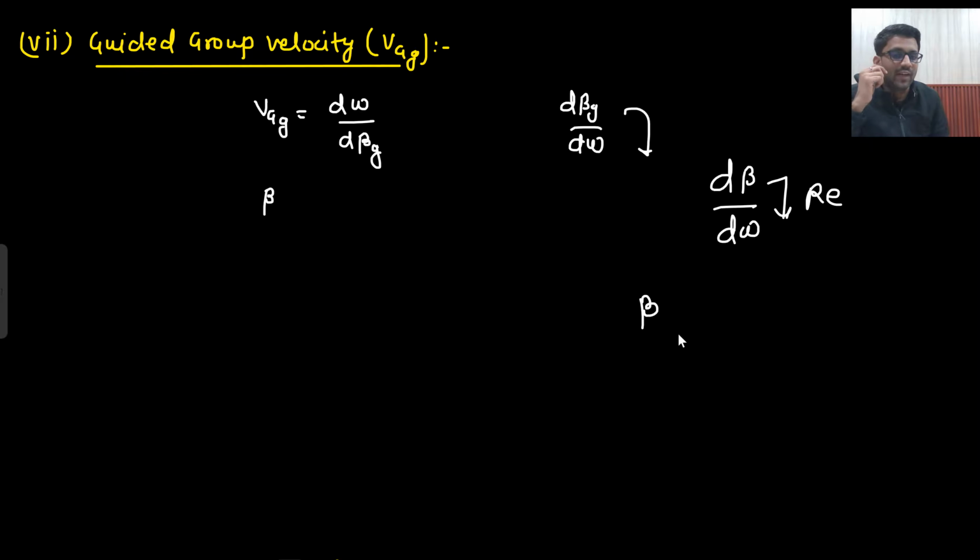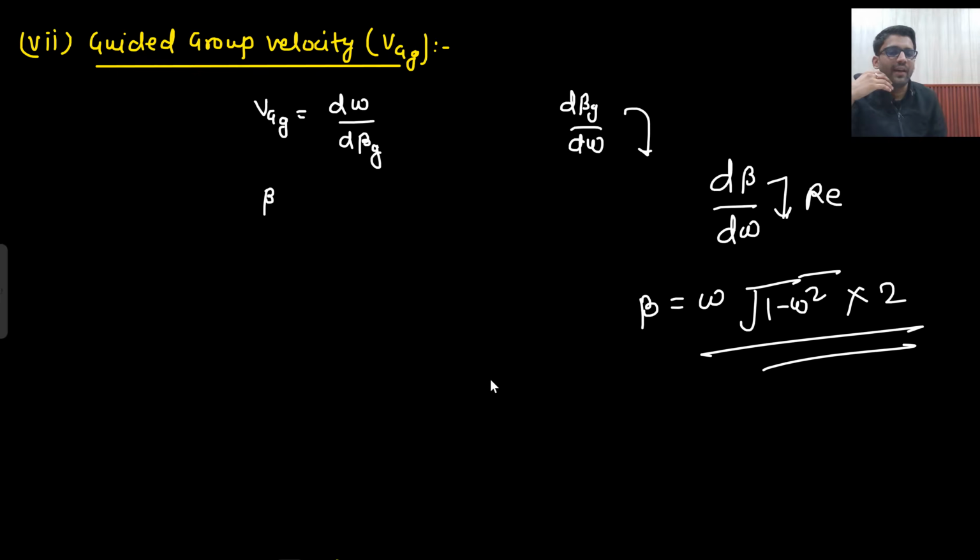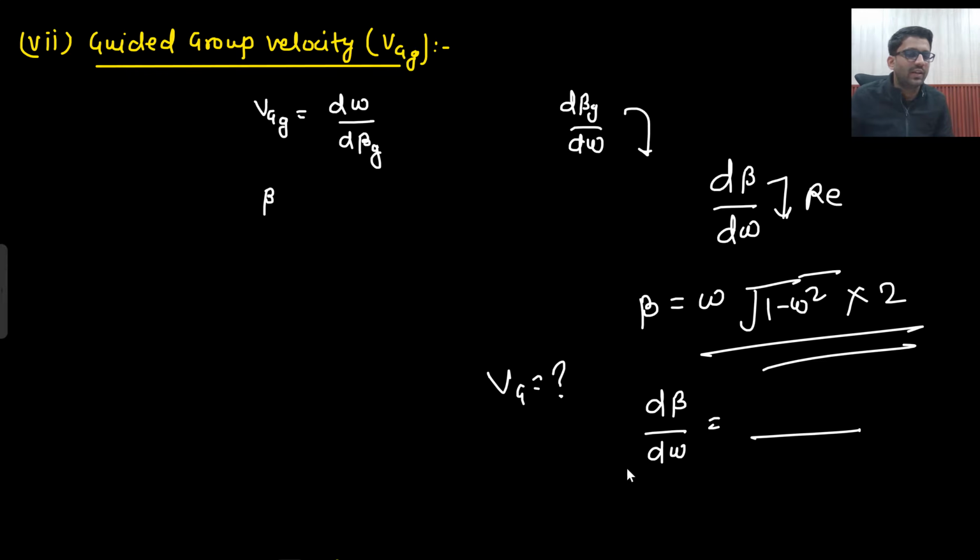Let us say I have given some relation between beta and omega, some expression, and I am asking you for the group velocity. What are you going to calculate? First you are going to calculate d beta by d omega. Whatever the differentiation you do, whatever answer you get, you take the reciprocal, d omega by d beta, and that equals Vg. So this is the way of finding group velocity.